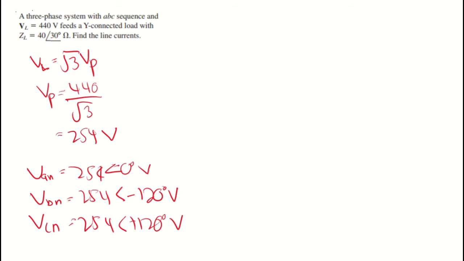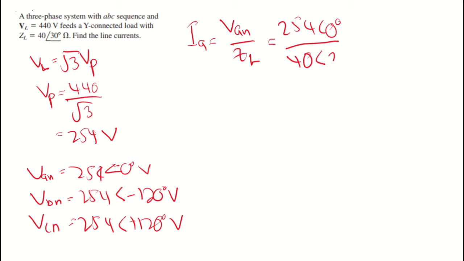And to get the line current, for example IA, you can use VAN over Z load. So Z load is 40 angular 30 degree. So VAN is 254 angular 0 degree divided by 40 angular 30 degree. So you will get 6.35 angular minus 30 degree ampere.